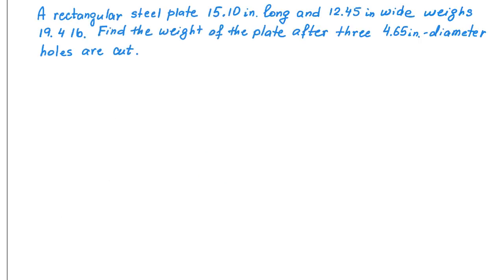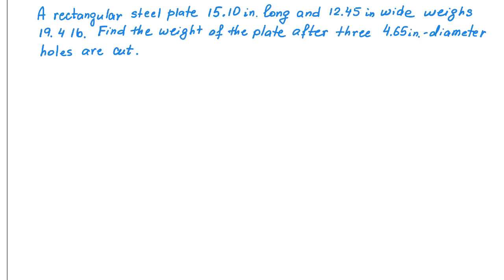A rectangular steel plate 15.10 inches long and 12.45 inches wide weighs 19.4 pounds. Find the weight of the plate after 3 4.65 inch diameter holes are cut. We will also round the final answer to the nearest tenth pound.